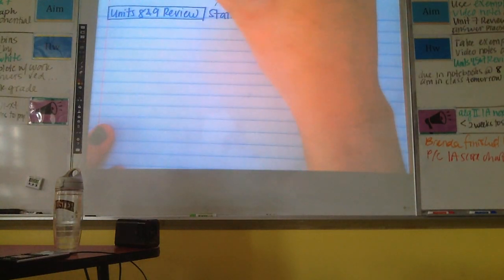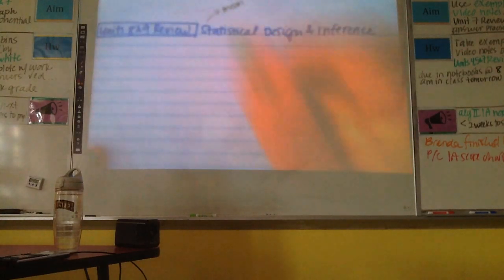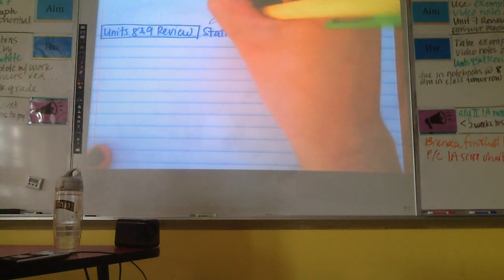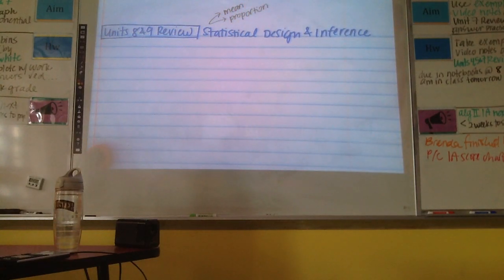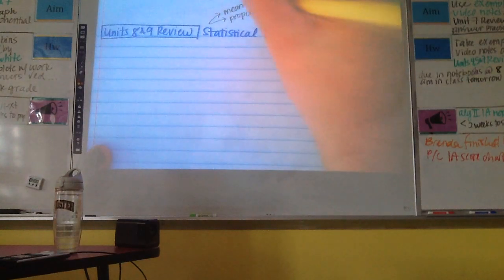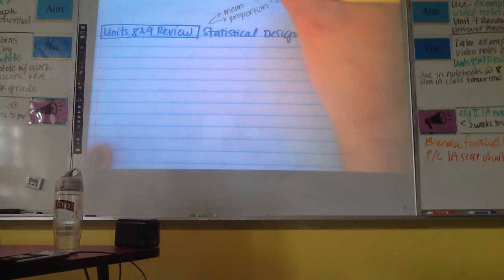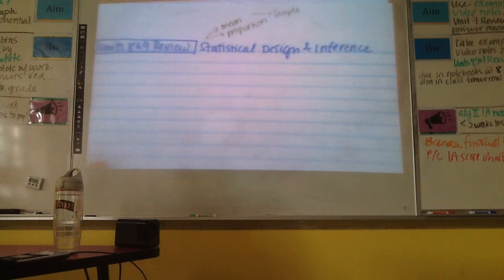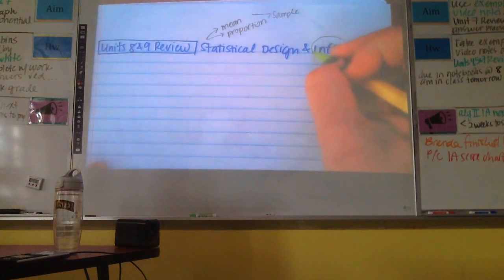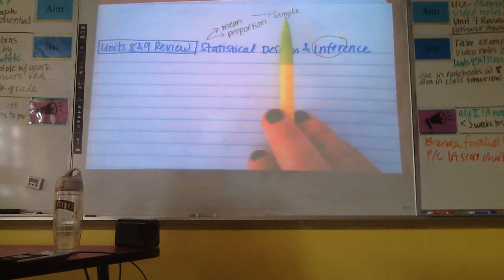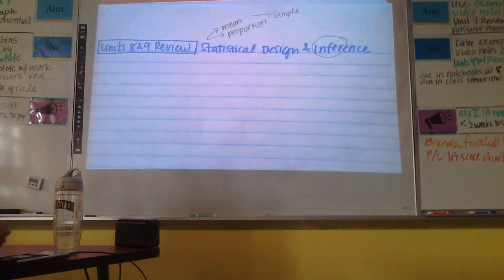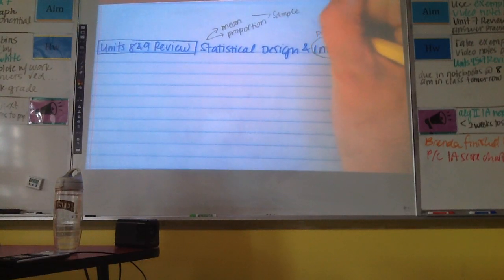A statistic is usually a mean, an average, or a proportion, a percentage, that comes from a sample, a small group of people from your population. Okay? Statistical inference is about what we can infer, or what conclusions we can draw from the small group of people that we spoke to, about the larger group, the population.